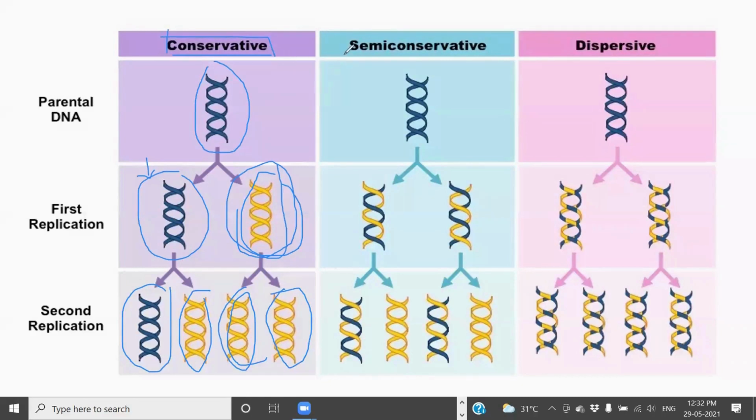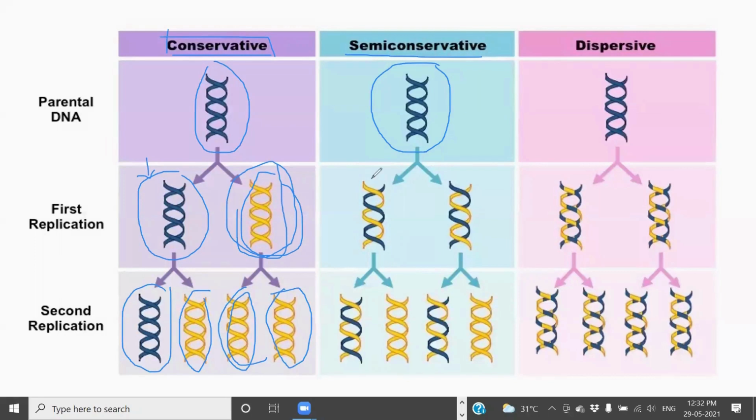Remember. The second kind of replication, the semi-conservative one, was also proposed by scientists. What happens in this replication? This is the parental DNA molecule, you can see in dark blue color.